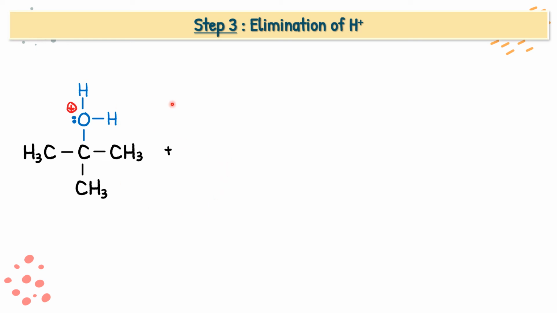For that, we must have another water molecule here. What is its function? Once the oxygen-hydrogen bond is broken, the electrons are received by the oxygen, and this hydrogen becomes positively charged. When it is positively charged, there must be a nucleophile to take it. What is the nucleophile? Our water molecule here. The lone pairs from the oxygen will take our hydrogen.